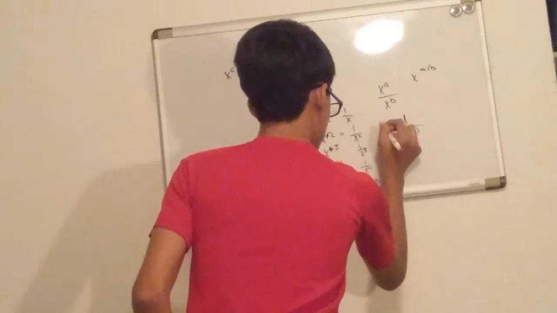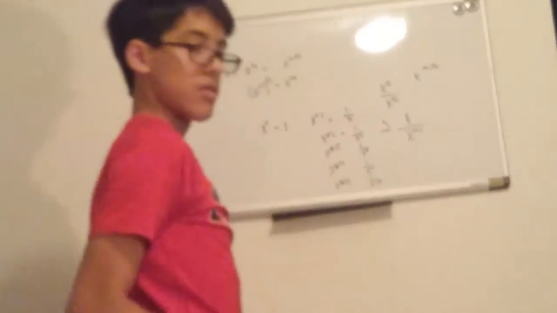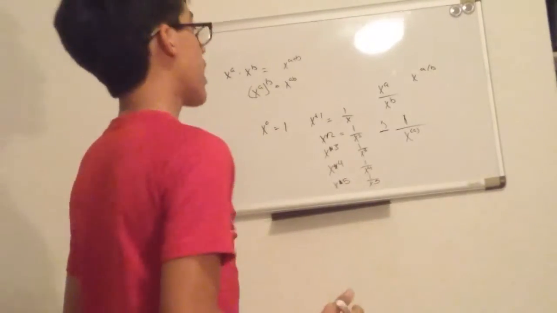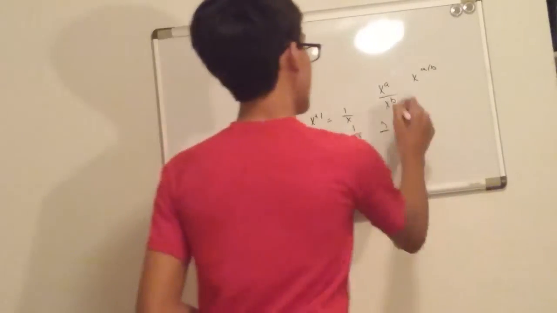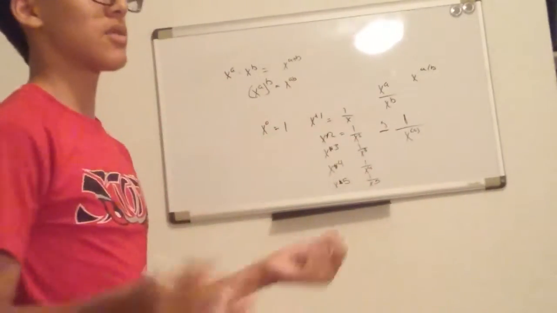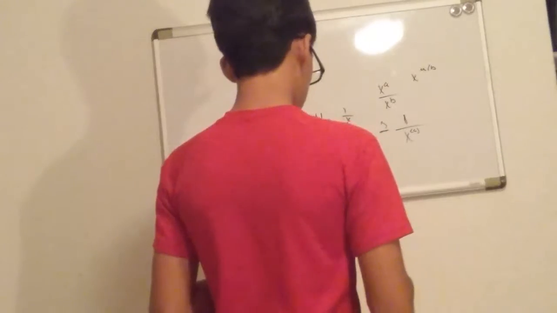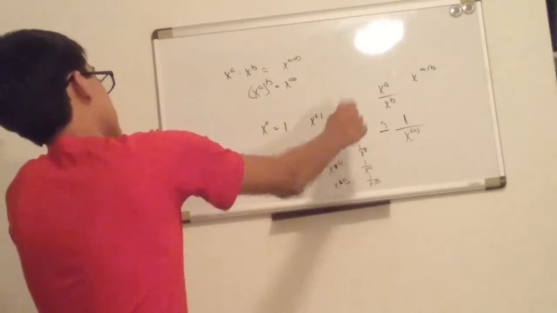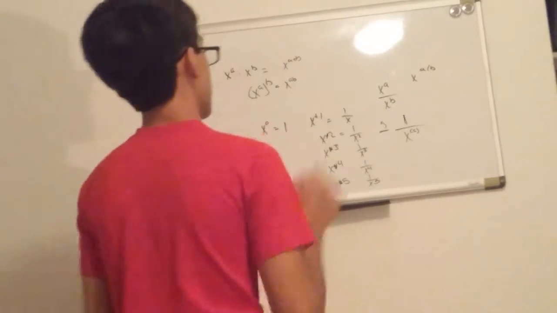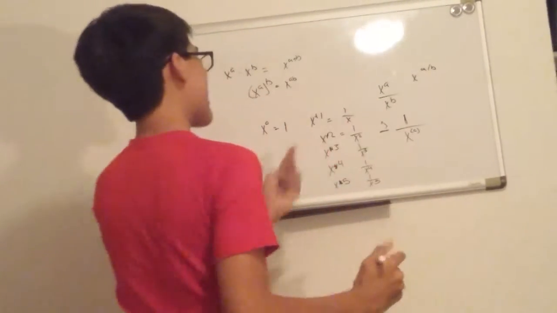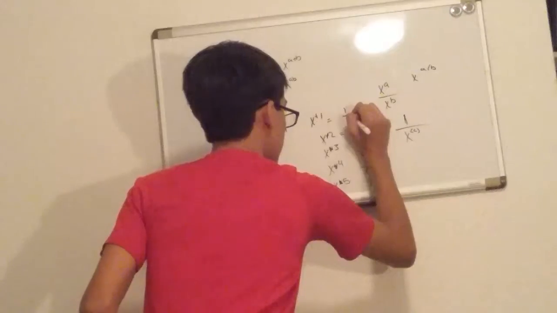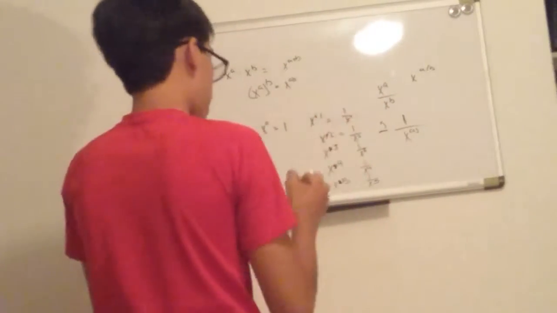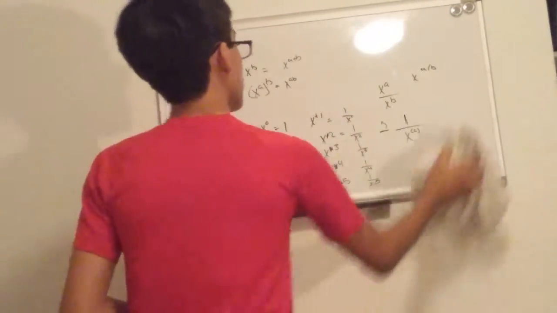Just flip it up 90 degrees and you get a 1 over x to a certain power. And all your exponents, that's just the exponent. I just wrote x here, but for all you people, I'm going to put a little 1 there.